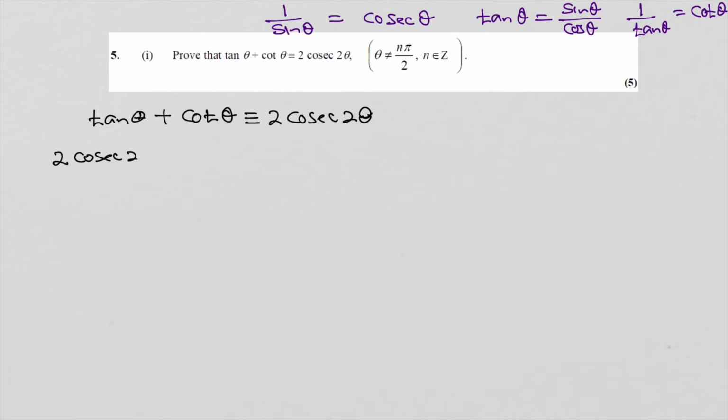which can be written as 2 over sine 2 theta from this definition here. And I can then expand sine 2 theta.